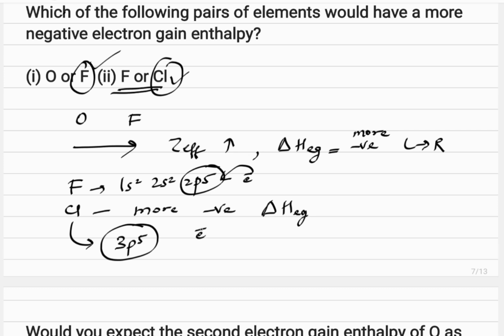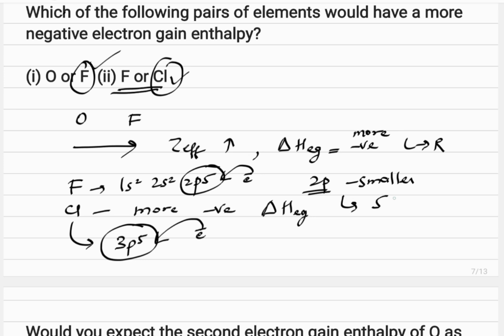In chlorine, the extra electron enters 3p. Now there are already 5 electrons present in 2p and 3p. But since 2p is smaller, 5 electrons present in a smaller area are going to repel or not very easily accept the incoming electron.